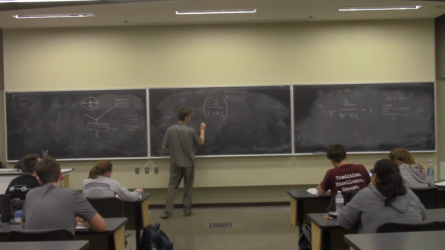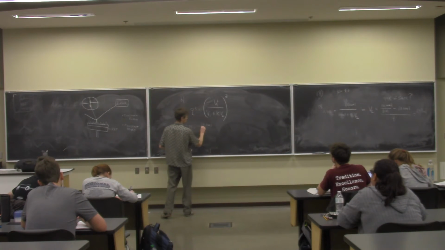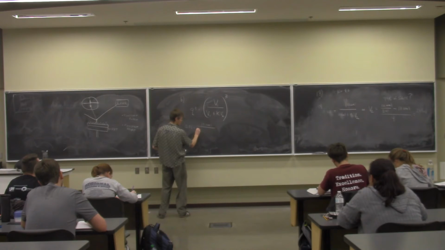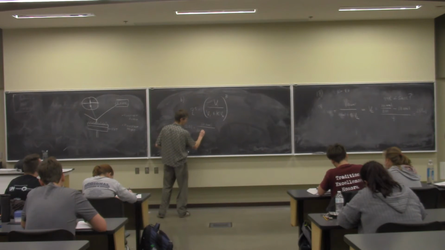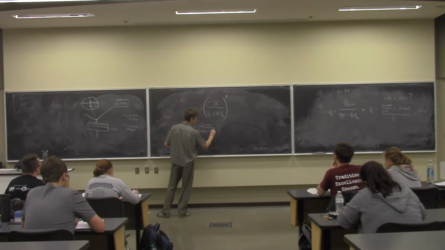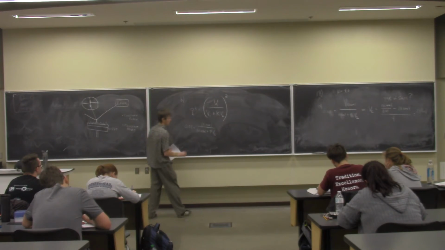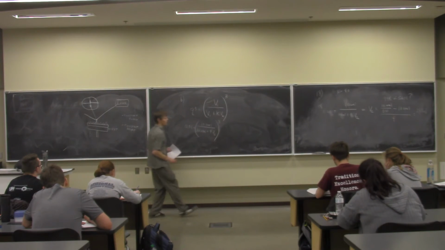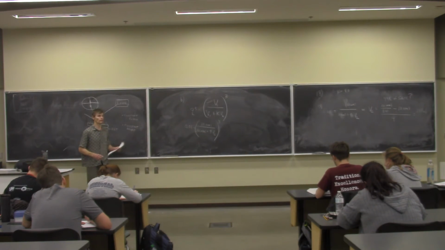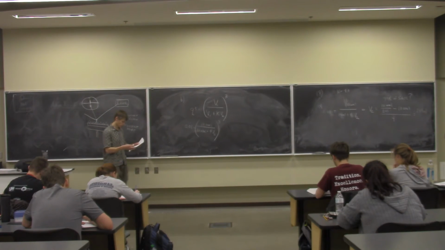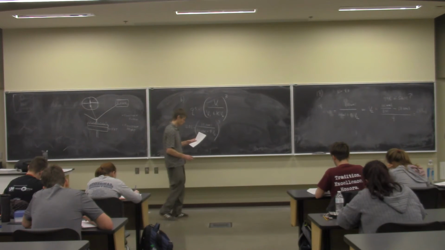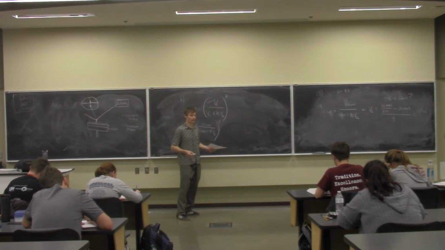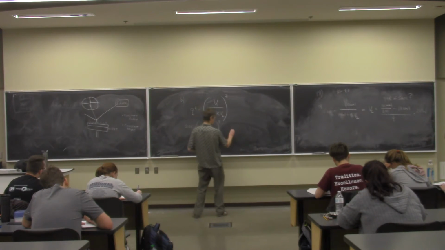V1 is still 10 milliliters. K is still 4. And now we just got to do the algebra once again. I'll give you the answer right now. I'm not going to go through all the steps of the algebra.